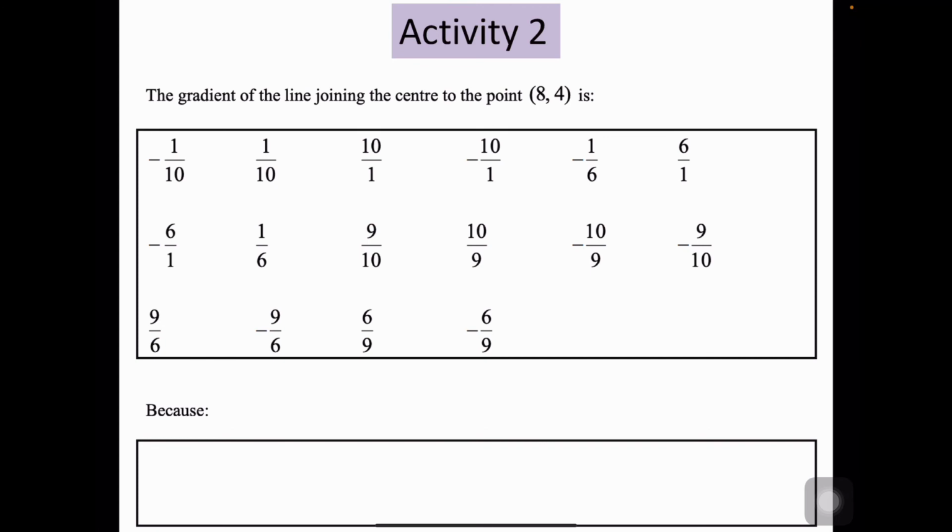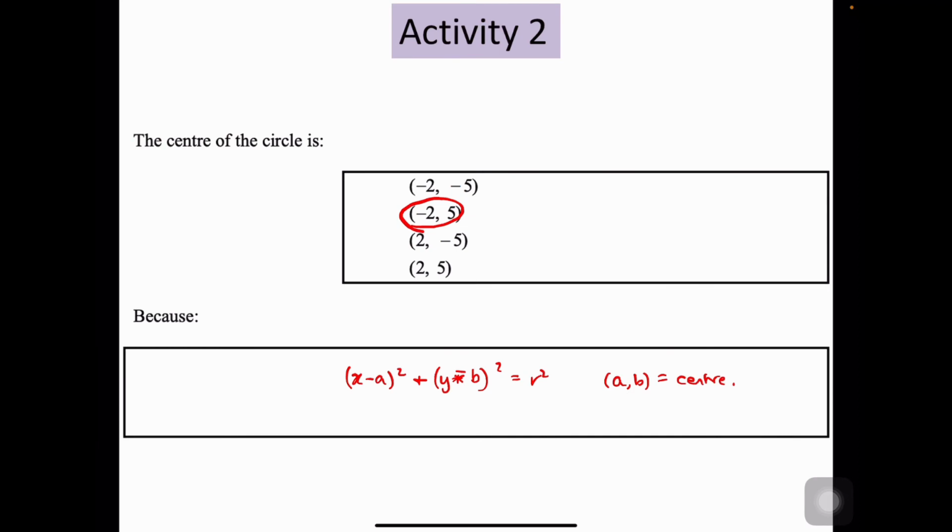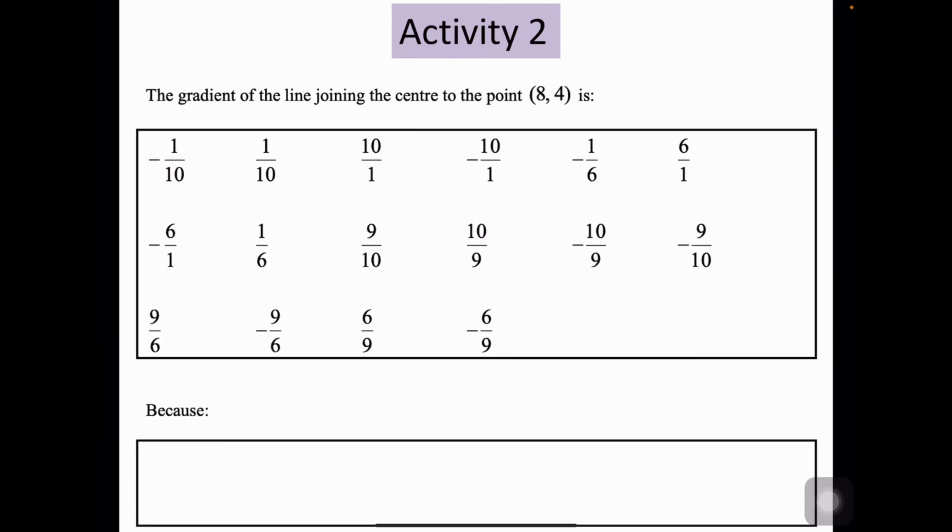The gradient of a line joining the center to the point (8, 4) is... so our center is negative 2, 5. So I write negative 2, 5 here. If we have two sets of coordinates, so this one and this one, how can we work out the gradient?